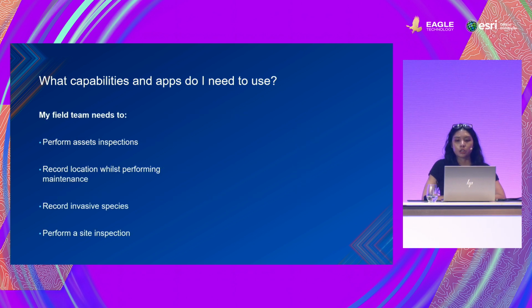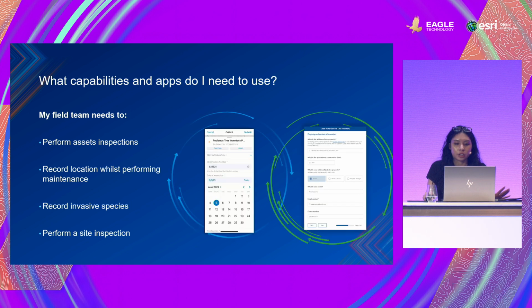But what if your team needs to perform the following tasks shown on the screen, like asset inspections, recording locations, identifying species, or conducting a site inspection? In this case, you can use either FieldMaps or Survey123, or even link both of them together through an app integration.